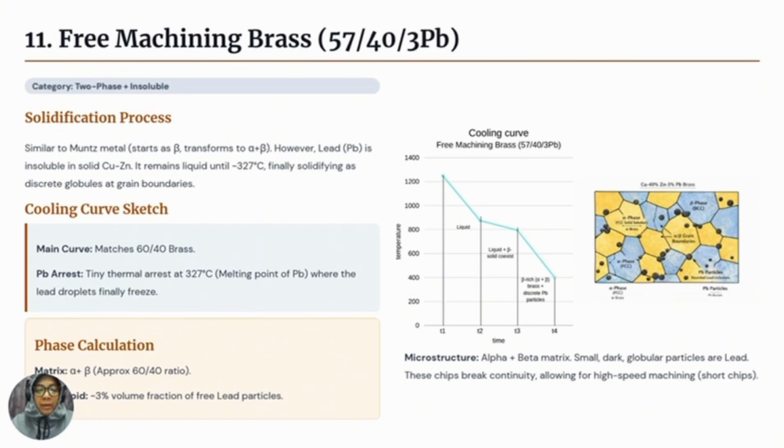If you look at the microstructure diagram, those small dark spots are the lead particles. In a machine shop, these are lifesavers. They act as an internal lubricant and cause chips to break off into small pieces rather than long coils. This allows for much higher machining speed and longer tool life.